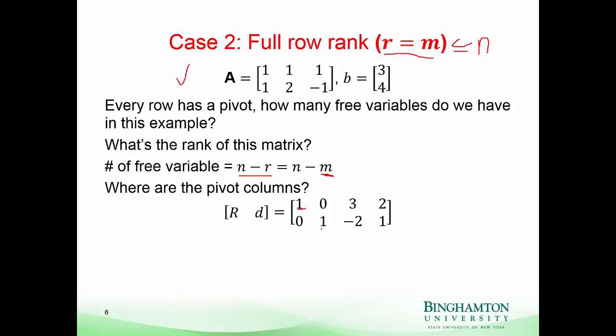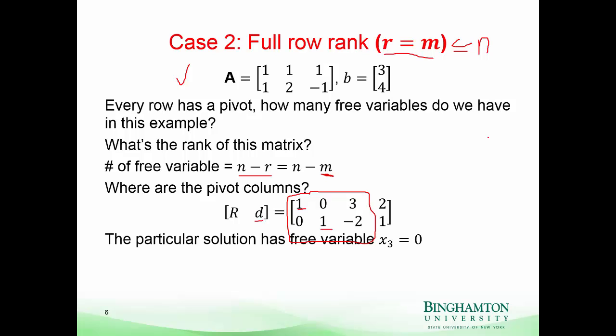We can see that we have 2 pivot columns. This is the matrix part; the last thing over to the right, outside what I just drew, is the d vector that is the transformation of the b vector, the given b vector. So we have two pivot columns, and we have, in this case, one free variable. So the free variable in this case is x3.